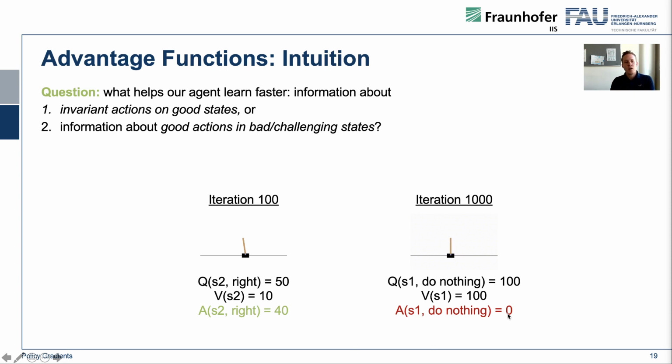And this somehow normalizes how you push and pull certain actions on your policy, taking out all the variance, but taking as an example what you're really caring about. So you want to see an advantage of 40 taking action right in the state, which means that you really want to push action right in the state, while you do not really need to push action do nothing in the state.